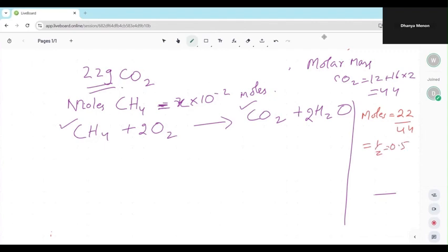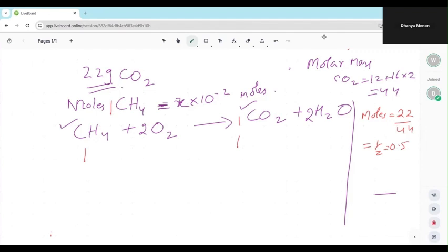Now, the balancing number for methane, if no number is there, that's equal to 1. Here also it's 1. So 1 mole of methane is reacting to give 1 mole of carbon dioxide. Okay. Now, we cannot go with the limiting reagent because they have not given you the mass of the reactants. Okay. So we have to use the stoichiometric equation. So 1 mole is giving you 1 mole.